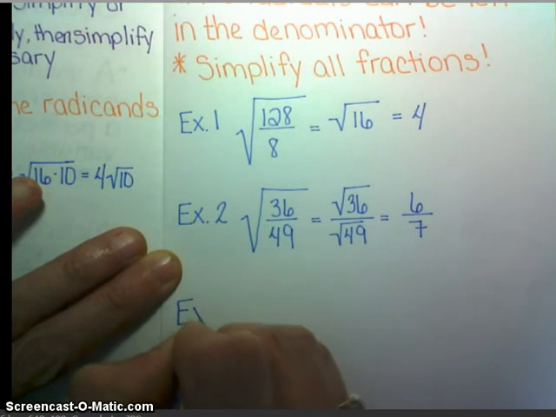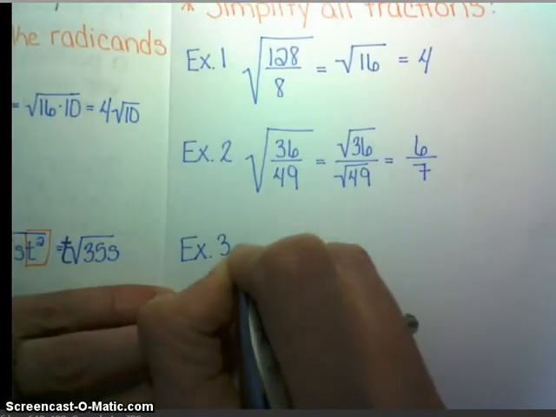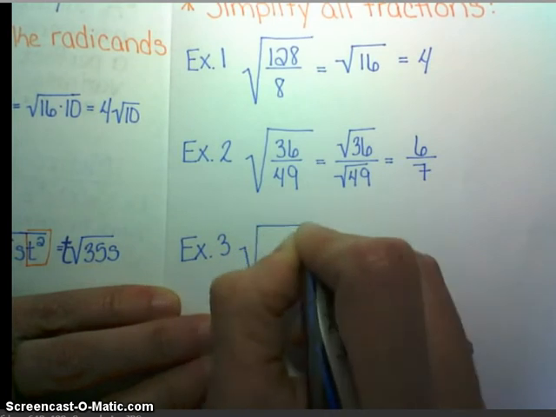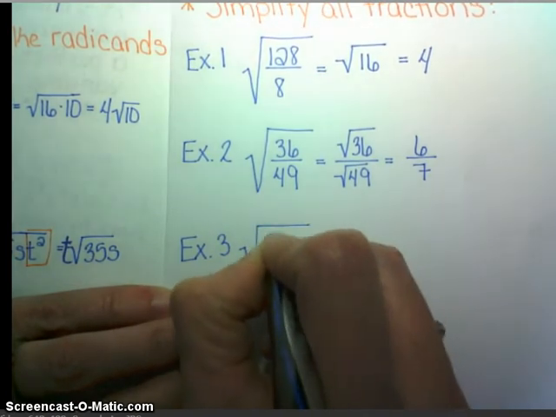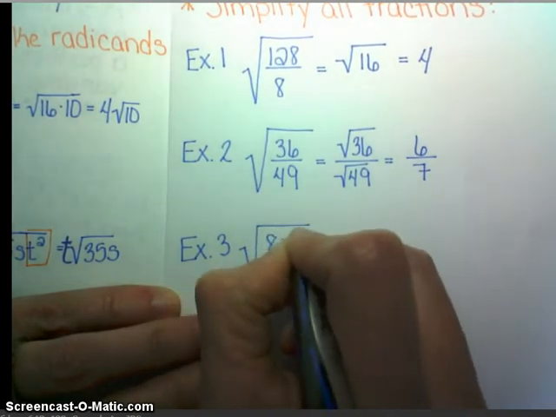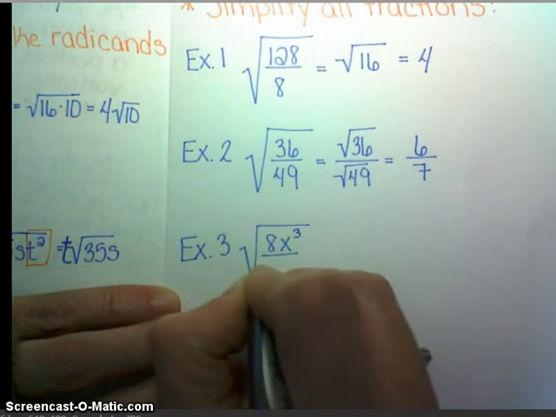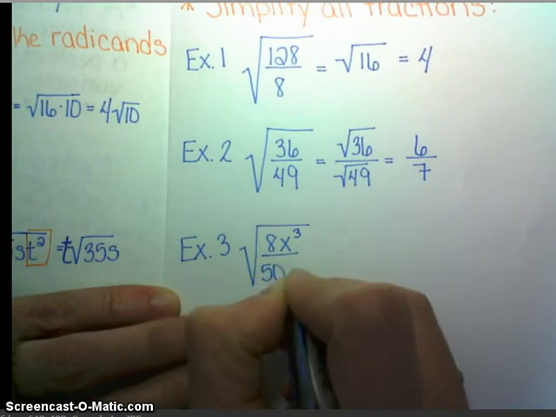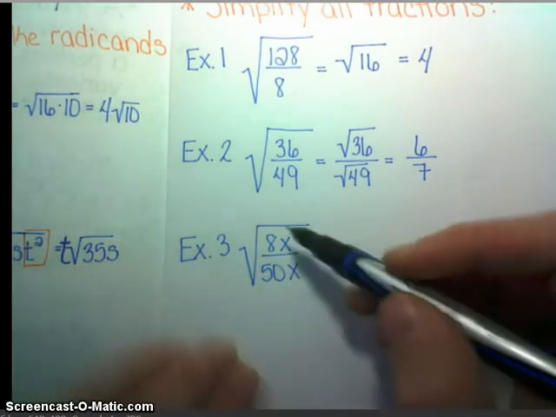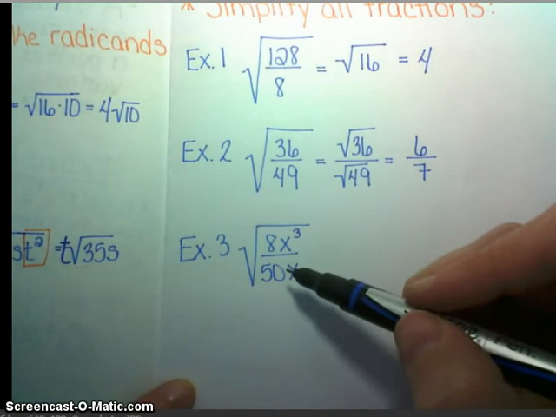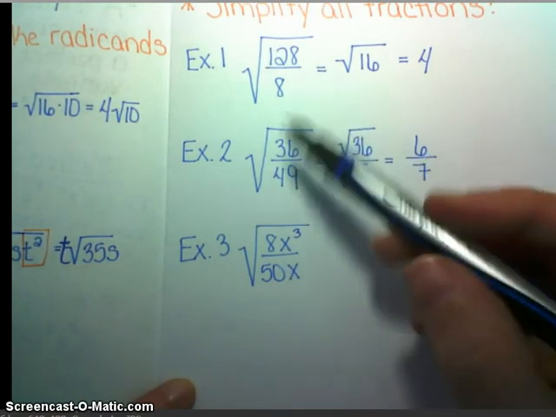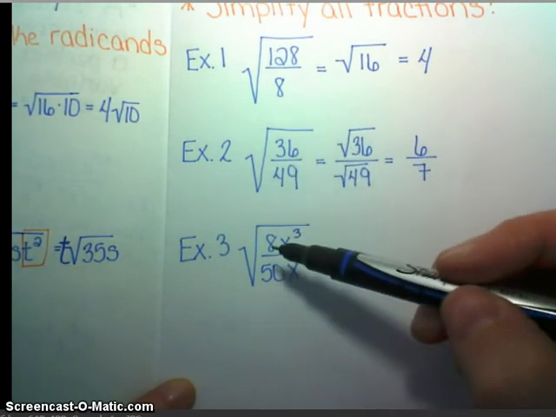Now, example 3, we're going to bring in some exponents or some variables with our exponents. So let's do 8x to the third over 50x. And again, if you look at this, 8 and 50, neither one are perfect squares. So it's kind of like what we did up here. 50 doesn't divide into 8 though.